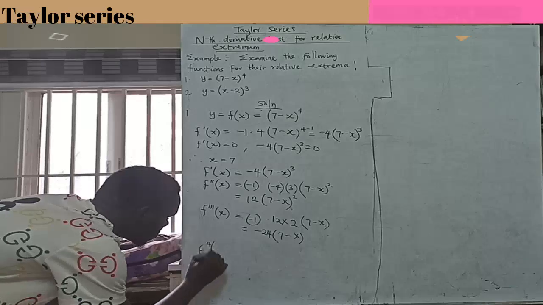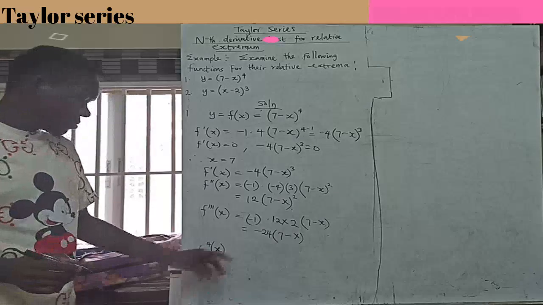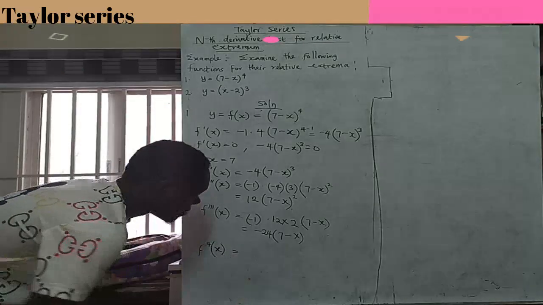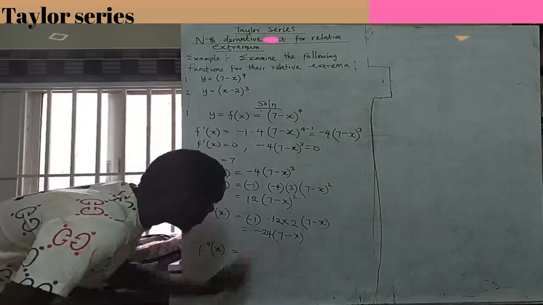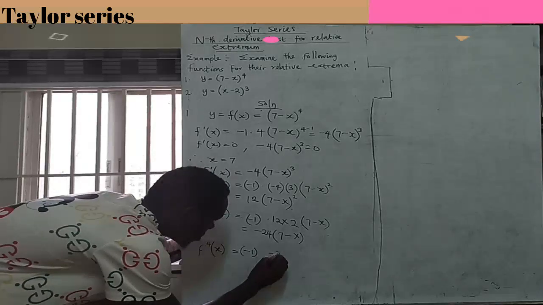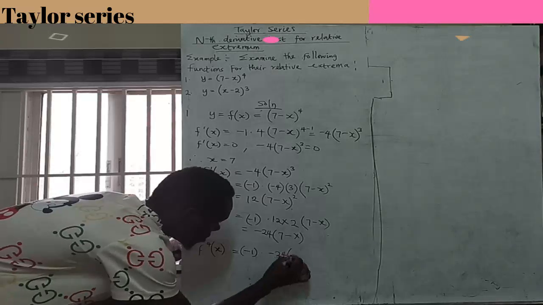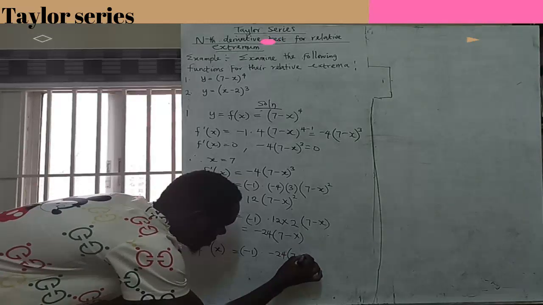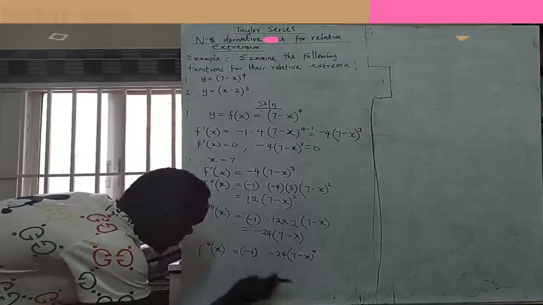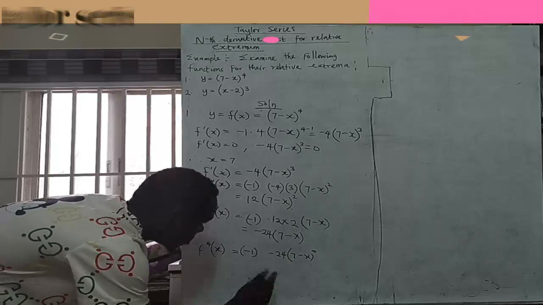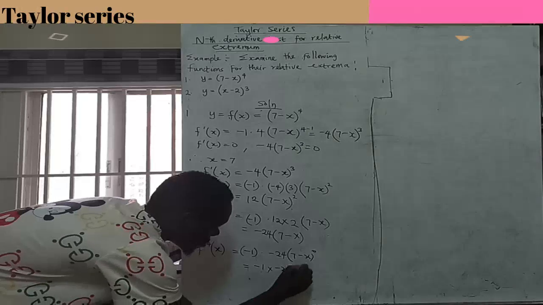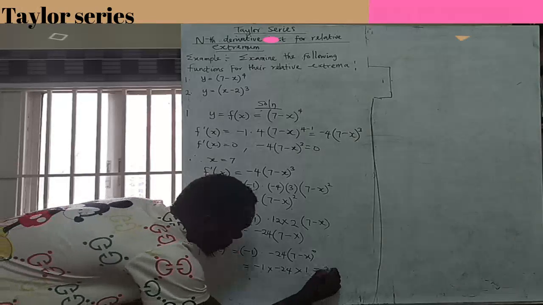For the fourth order differentiation, we are differentiating this one more time. Differentiating the function itself gives 0, and this whole expression is 1, and then we have minus 1 times minus 24 times 1, and that is 24.